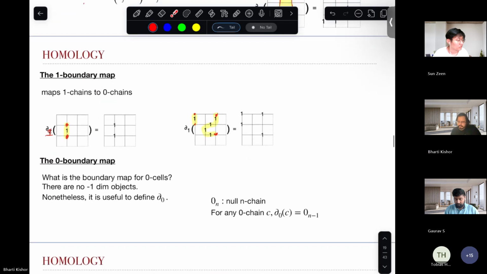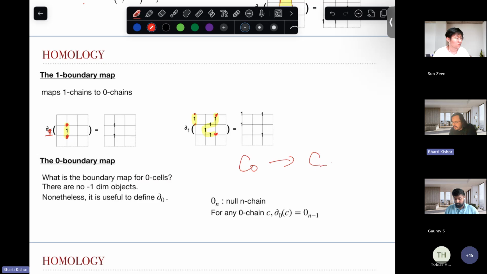Okay. So what is the boundary map for 0 cells? Corresponding to 0 cells, one can say we start from C0 and we have to go to C minus 1, but there are no minus 1 dimensional objects. So in mathematics, when you run into this kind of issue, you just come up with a definition, some rule to follow, so that we don't have weird things happening.